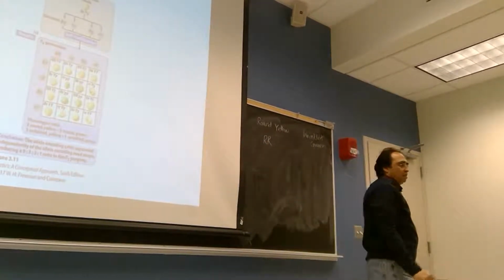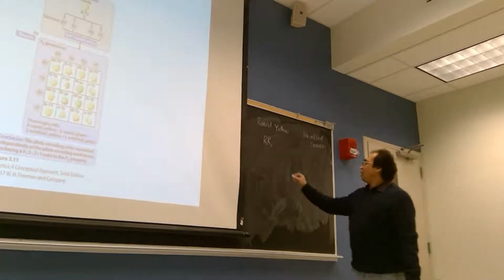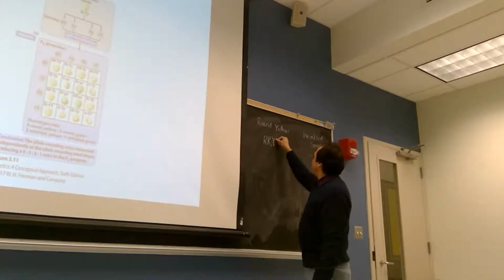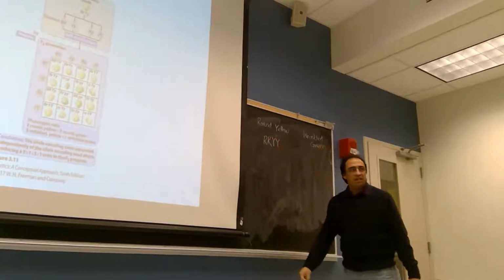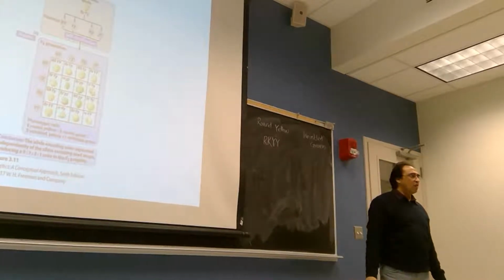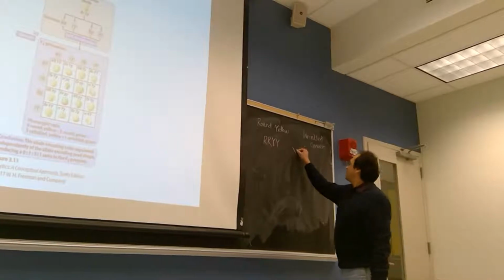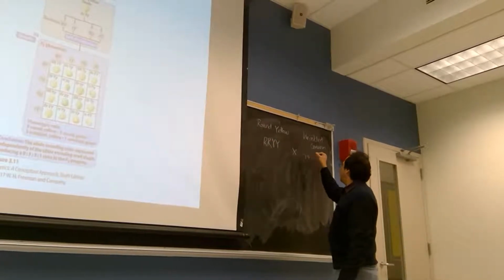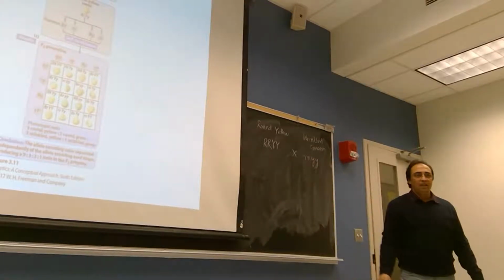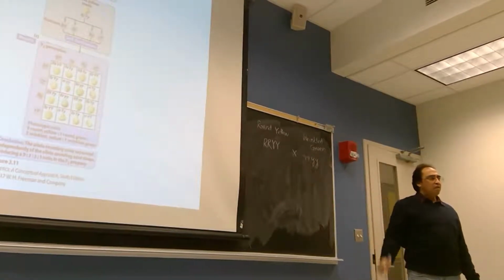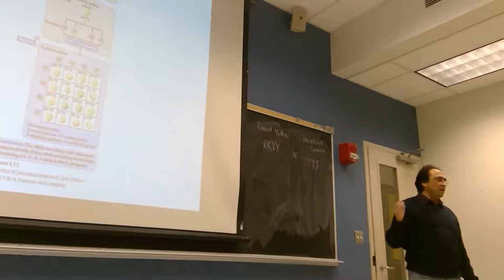So 2 R, yellow in homozygous condition 2 Y. This is our round yellow genotype versus wrinkled and green. Pure round yellow versus pure wrinkled green.